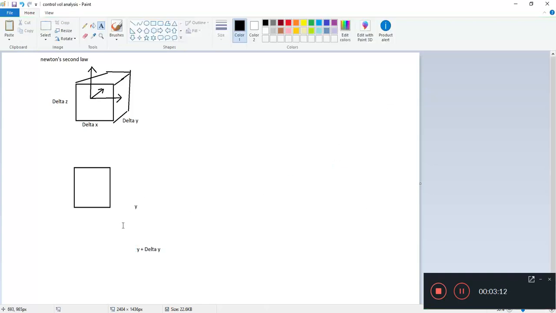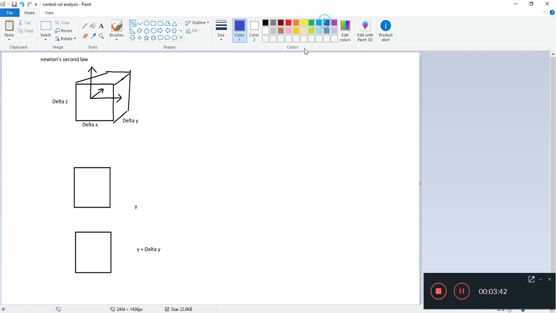So I call this the y face. Then the y plus delta y face is at the back of the cube, over here. I'm not drawing it very well, but that's the idea. So there'll be two faces: this is the y face, and this is the y plus delta y face.